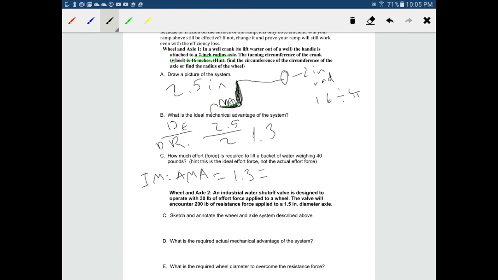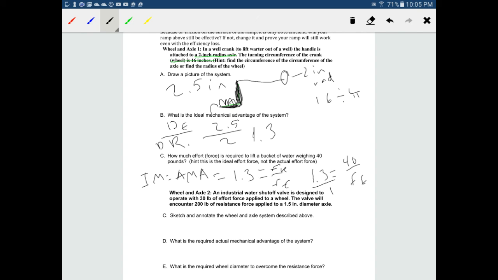1.3 equals FR over FE. Now these always take a little more space than I really planned for, especially with my sloppy writing here. So we have 1.3 equals, and then FR is going to be 40 pounds, and we don't know what FE is. We're searching for that.